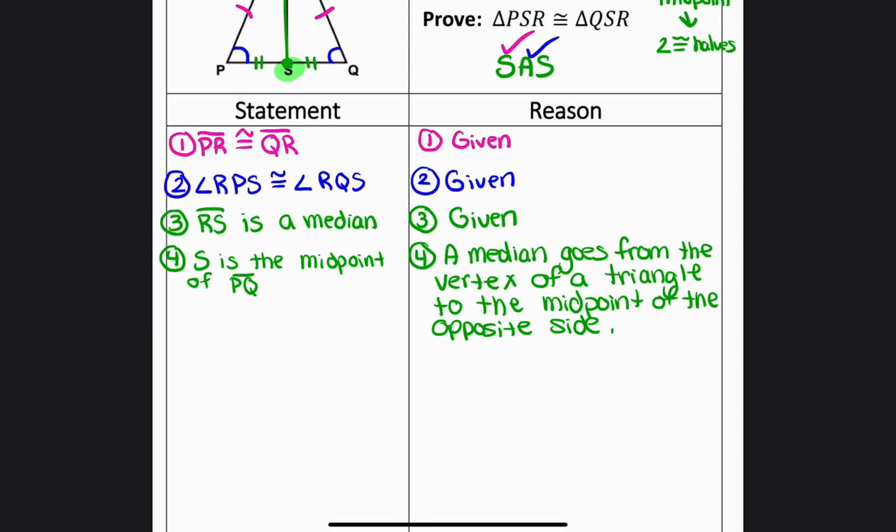Now I have two congruent sides I can get to. So now my step 5 is going to be that PS is congruent to QS.